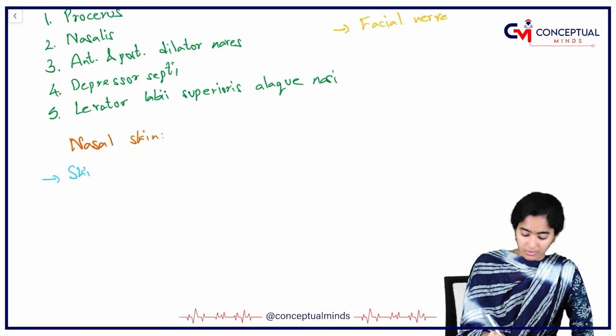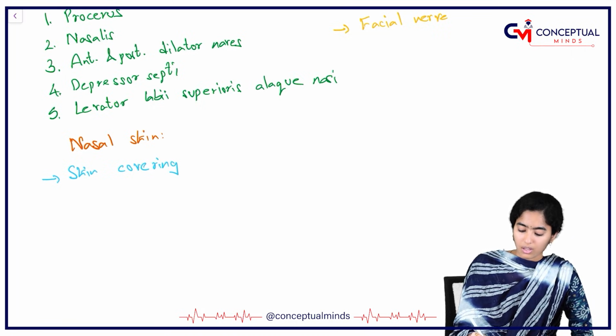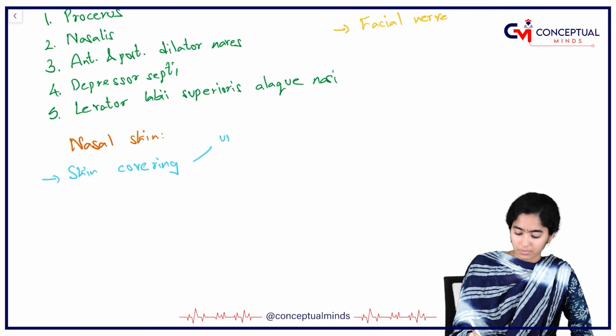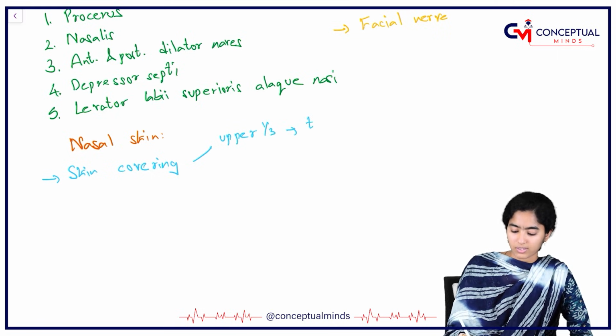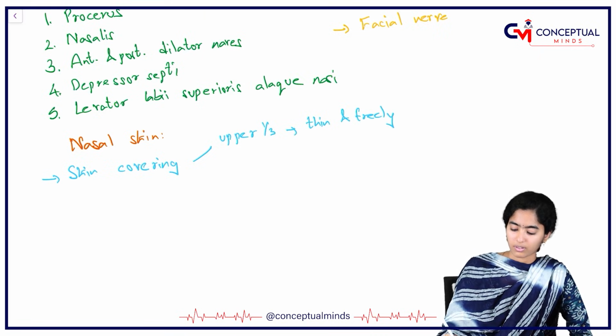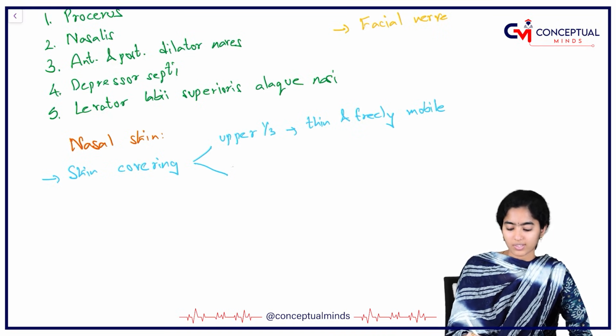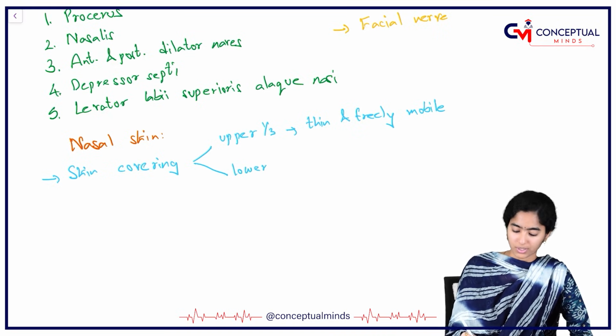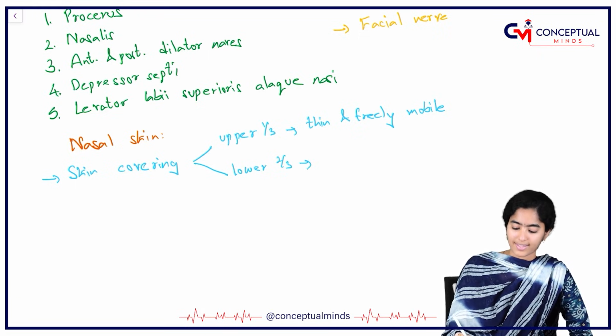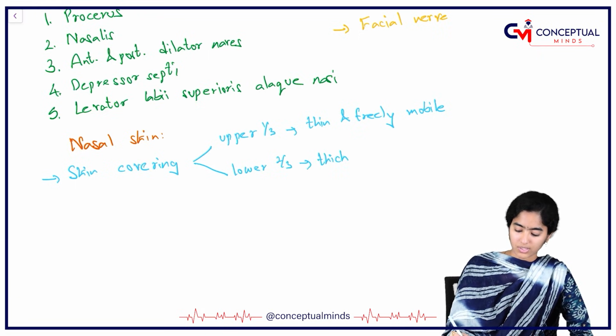Skin covering the upper 1/3 or the bony part is thin and freely mobile. Whereas that covering the lower 2/3 is thick and adherent.